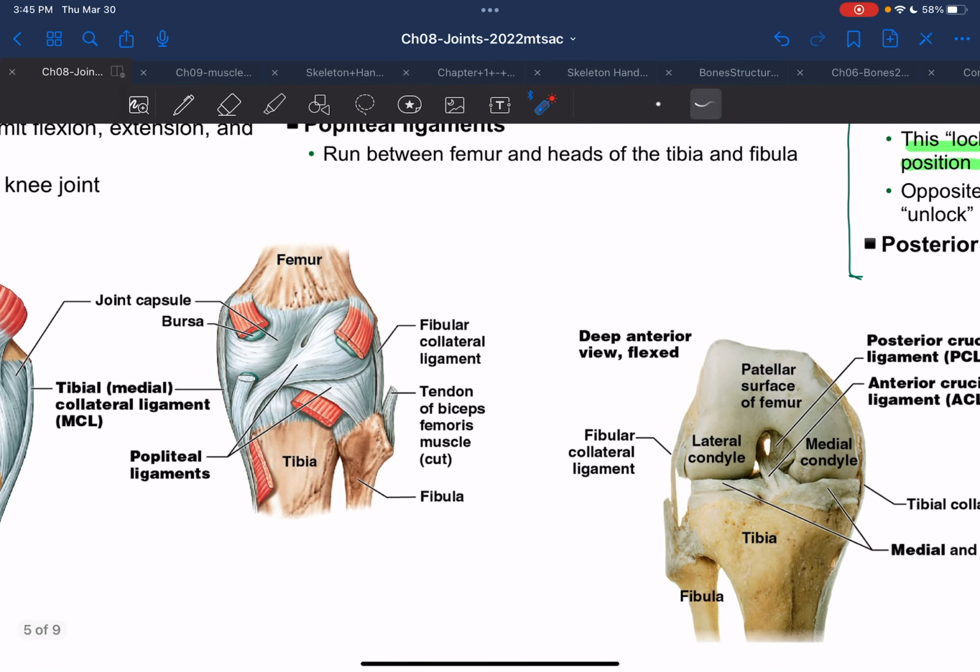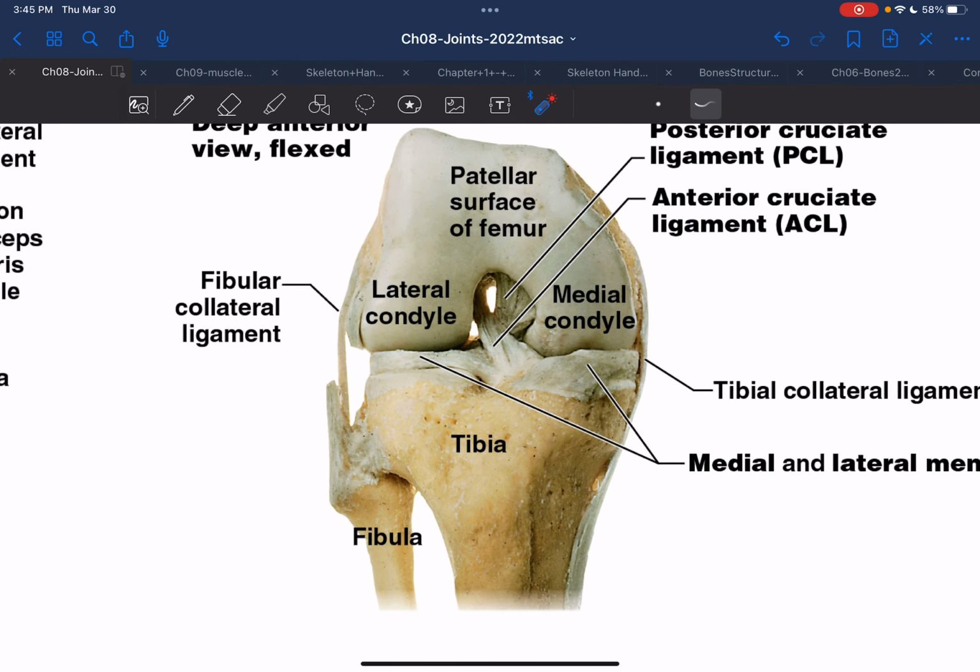All you have to do is imagine to yourself which side is lateral and which side is tibial. So if we look at our fibula, you can see that our fibular collateral ligament is literally telling you that it's on the outside of the capsule, and it's telling you it's on the fibula. So this is interchangeable with lateral.